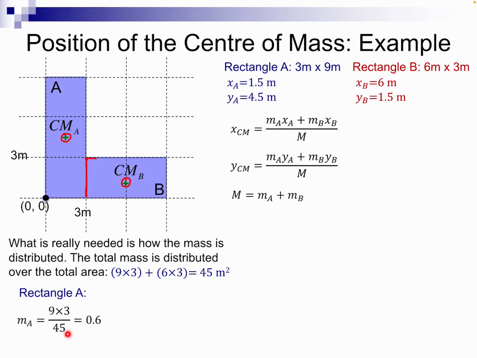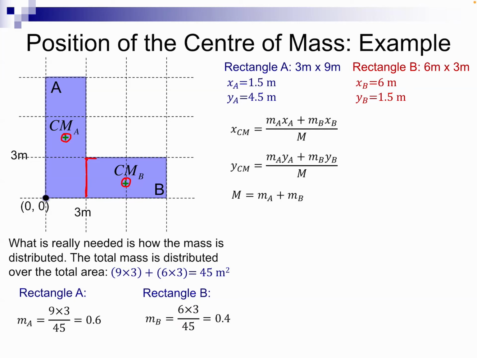Does that make sense? And similarly for rectangle B, how much mass rectangle B has should be in proportion to the area of rectangle B compared to the total area of the extended object.